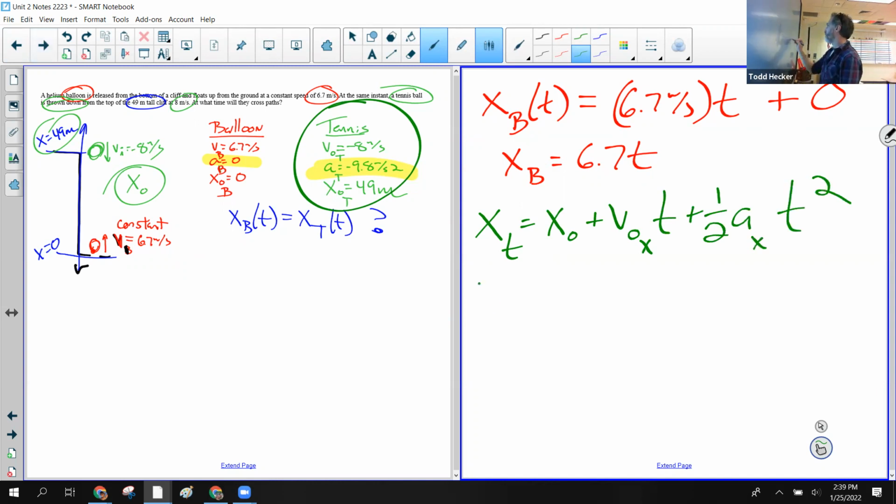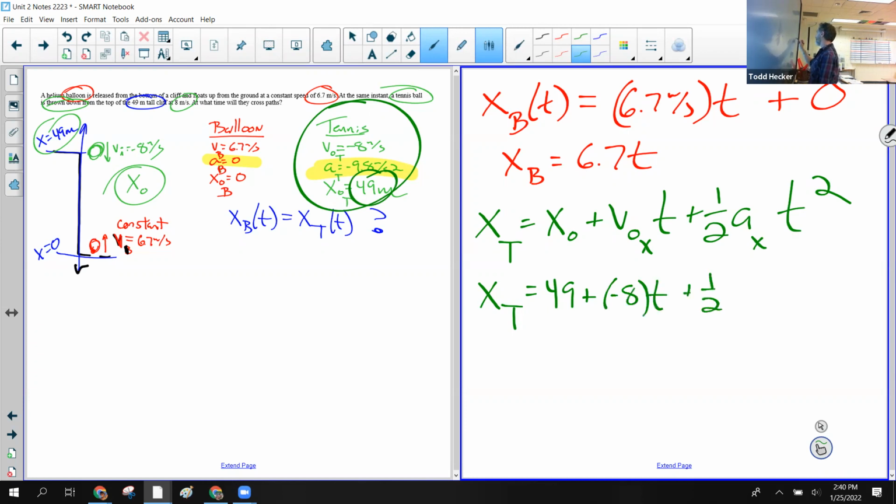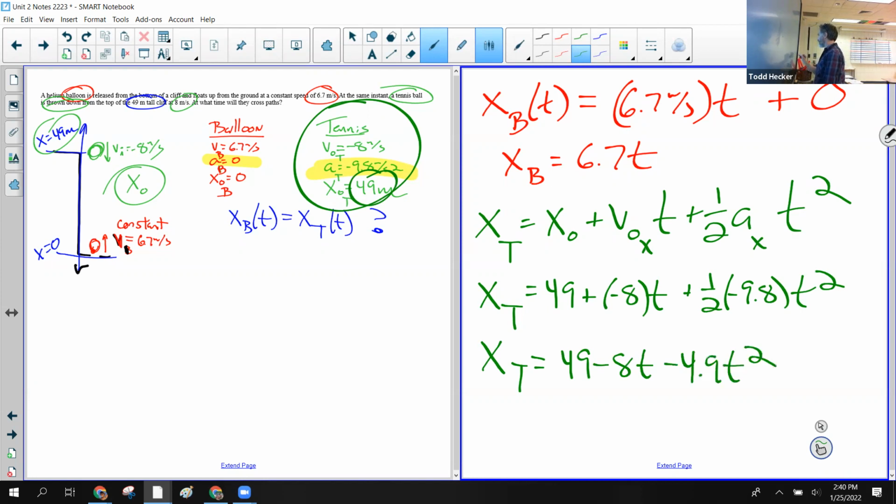Let's plug in our numbers. Position of the tennis ball, with a capital T, equals, starting position is 49, plus initial velocity is -8t, plus 1/2 times -9.8 t squared. Position of the tennis ball is 49 minus 8t minus 4.9t squared.